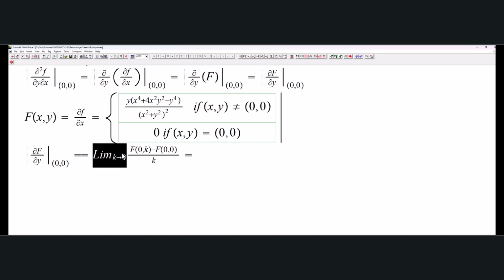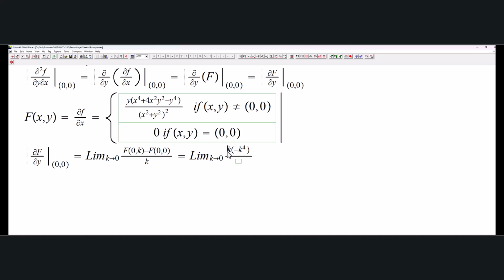So what we get on the top is, just a moment, this. That is, we get k times negative k to the 4, because that's what y is being replaced with. Okay, negative k to the 4.